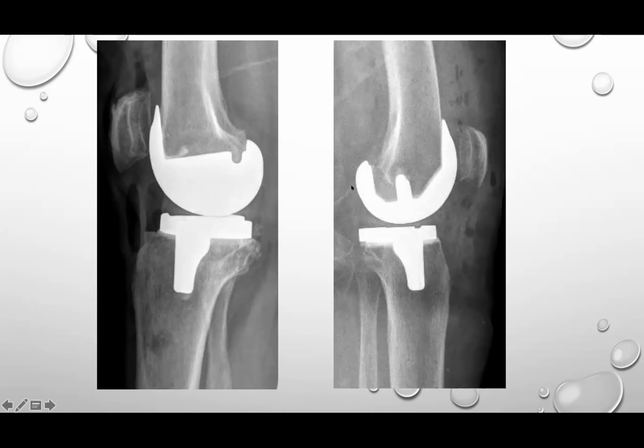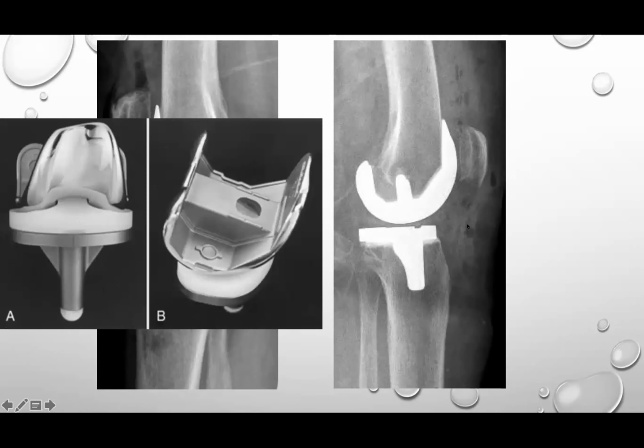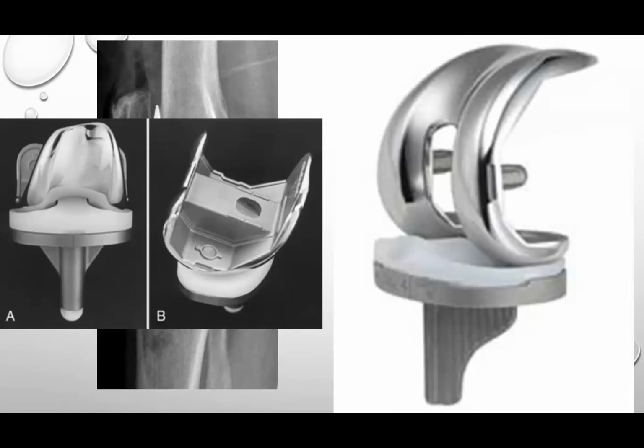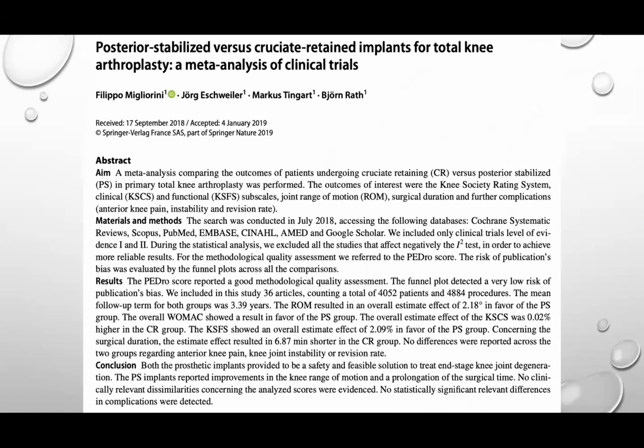Some manufacturers have boxes that are radiolucent, and you cannot diagnose them with X-rays. So this is how a PS knee looks compared to a CR knee. Again, you have to make sure to look carefully for the box and the cam, where they get the stability by the interaction between the polyethylene and the box here.